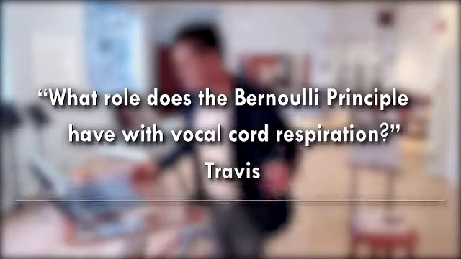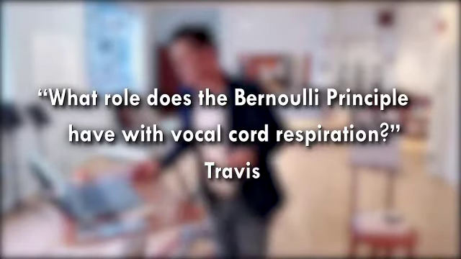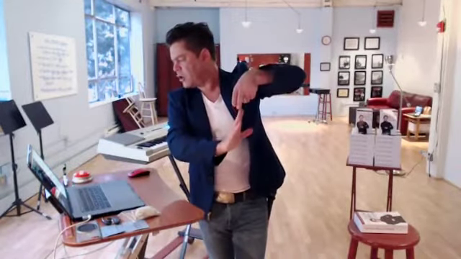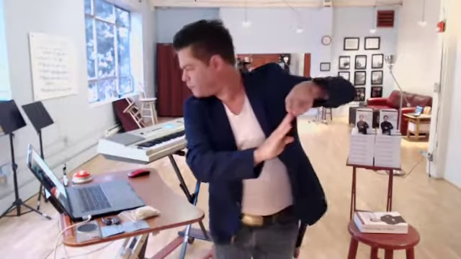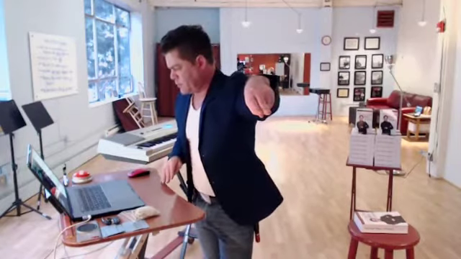Travis says, hey, Robert, I am understanding that a lot of successful singing comes down to balancing subglottal pressure, referring to respiration hitting the vocal folds below, and vocal cord adduction or vocal fold closure.